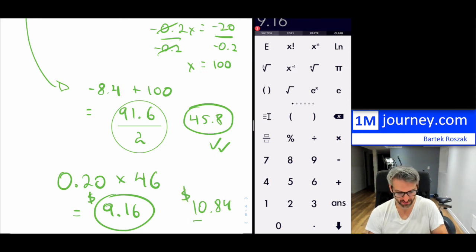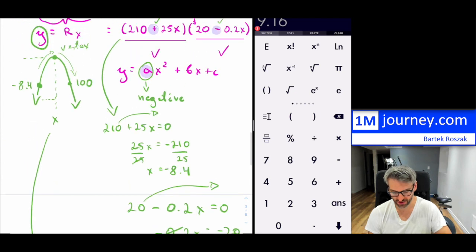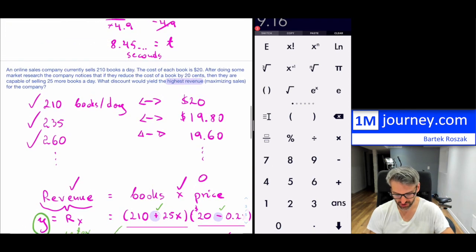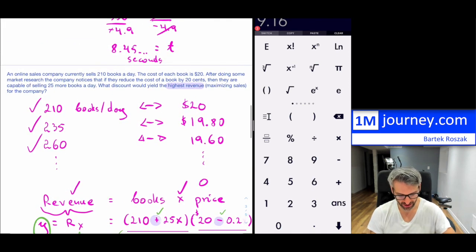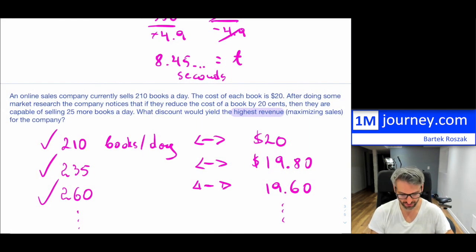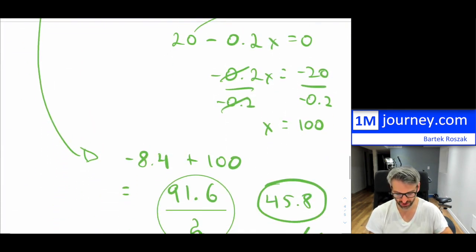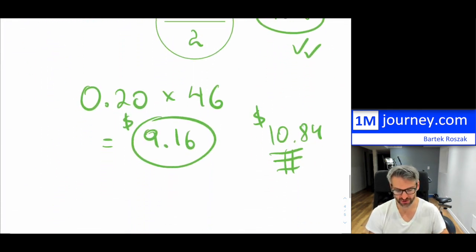This would maximize my sales. So once I have this, I can substitute it back into the equation and find what my revenue is. And here they say, what discount would yield the highest revenue? Well, you would have to discount $9.16.